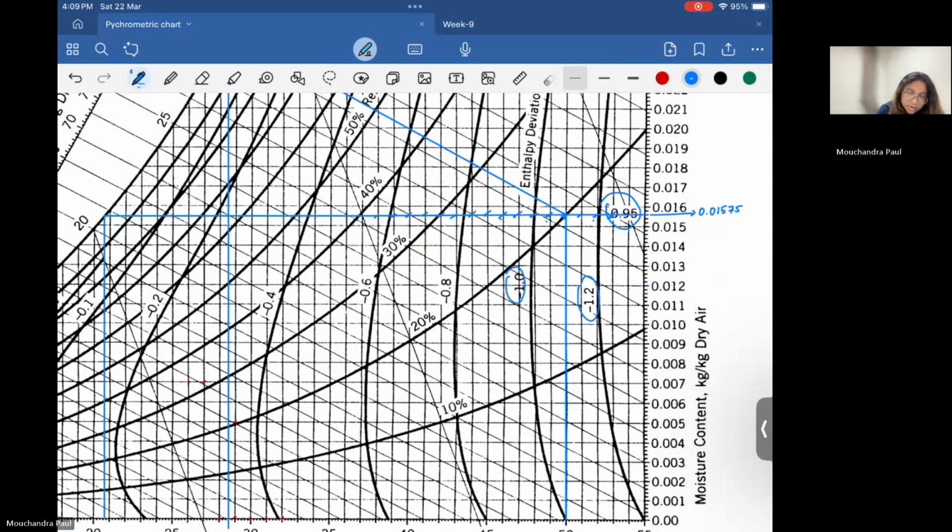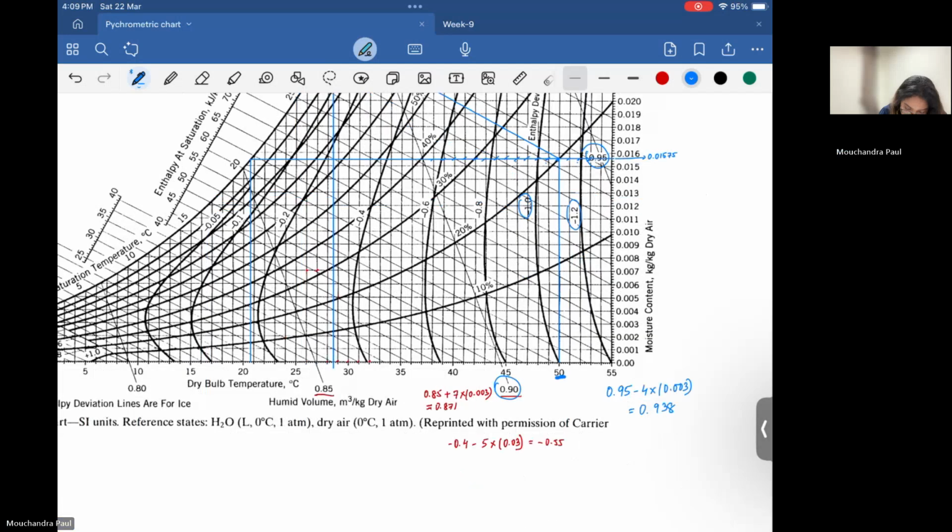Okay, each point is corresponding to minus 0.06. So minus 1 plus minus 0.06 into 2.